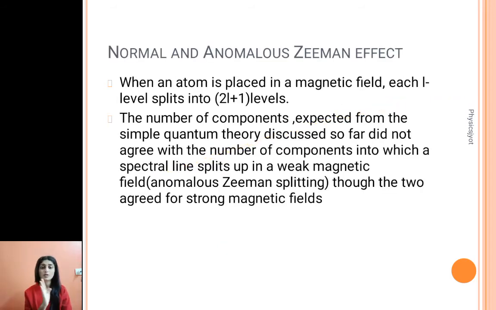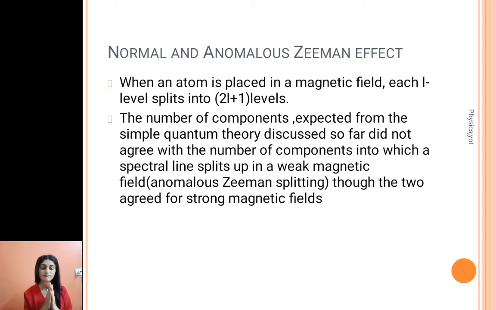Now let us understand what is normal and anomalous Zeeman effect. We know that for each L level we have 2L plus 1 levels. So when an atom is placed in a magnetic field, each L level splits into 2L plus 1 sublevels.